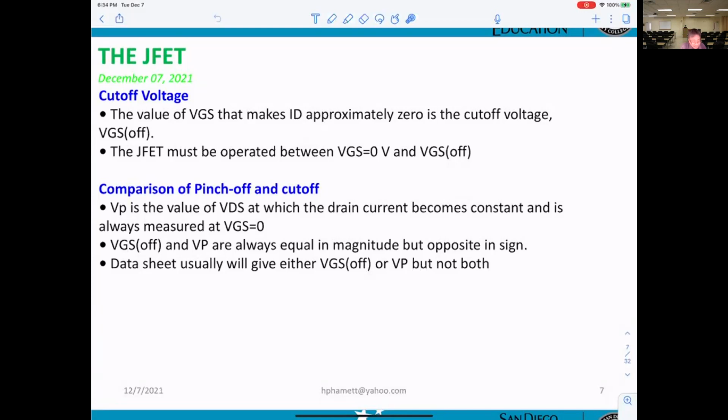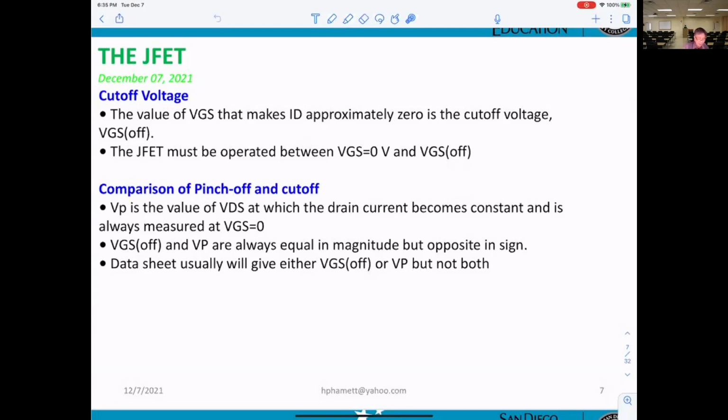VP is the value of VDS at which the drain current becomes constant and is always measured at VGS equal 0. VGS off and VP, which means pinch-off voltage, are always equal in magnitude, but they will be opposite in sign.